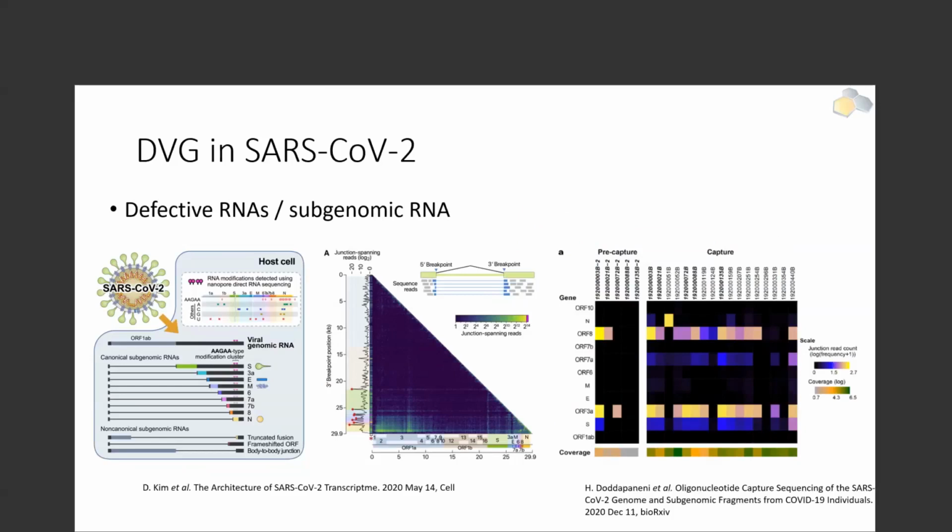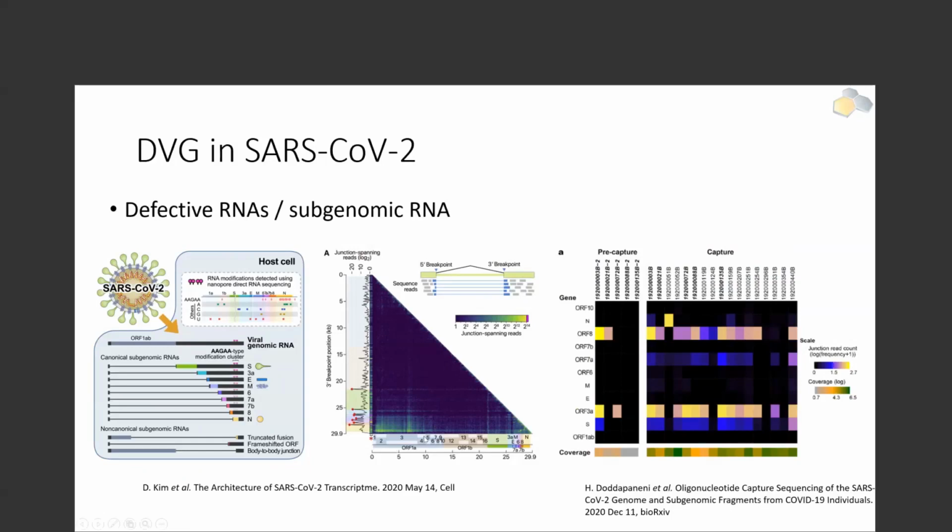So it's definitely important to study them, and that has not stopped scientists from focusing on DVGs in the current epidemic to see how they might be playing a role in the evolution of SARS-CoV-2. There have already been a couple of studies out there. They looked at DVGs mostly in the form of looking for bigger deletions, and you can see here the heat maps where they show the deletions and the jumps from one region to the other.